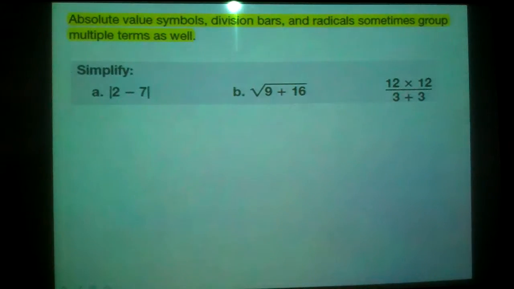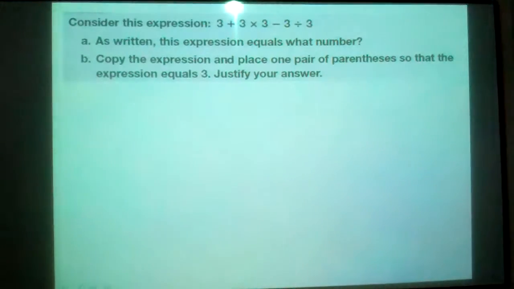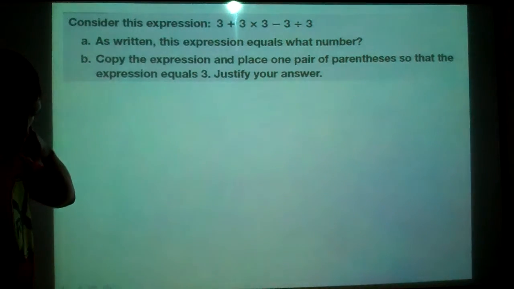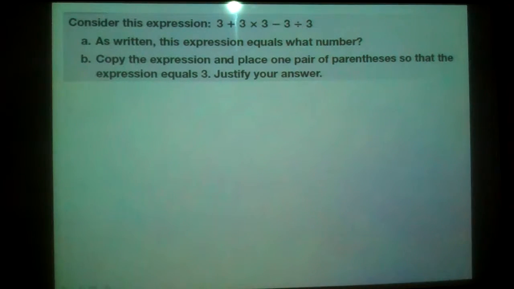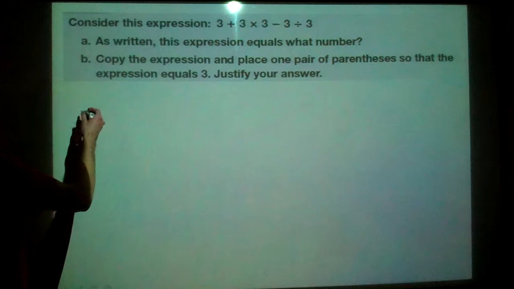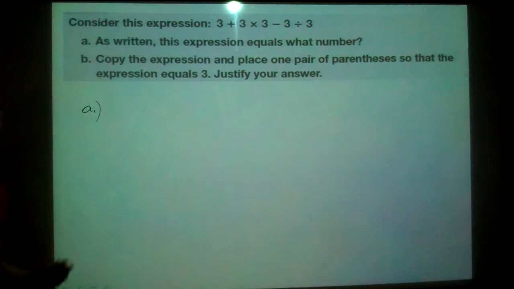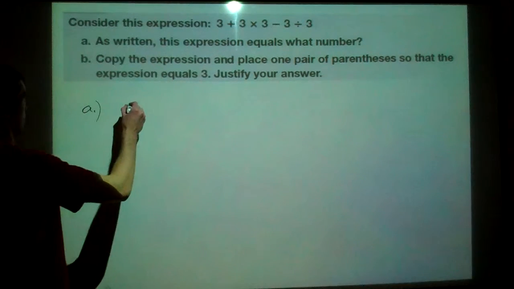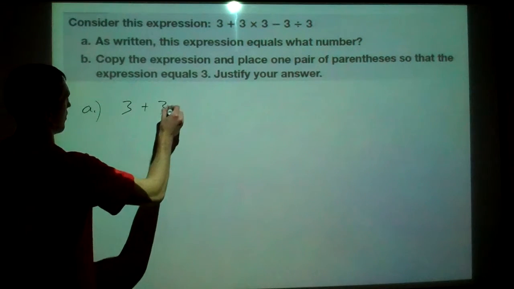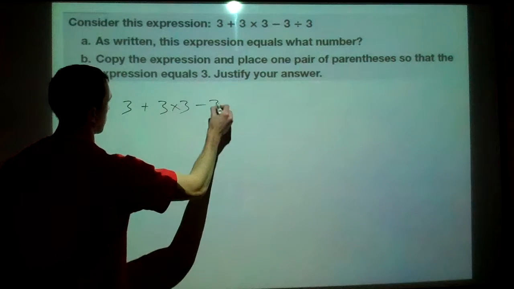And finally, we want to consider this expression here. This is just another example. We are going to look at A. As this expression is written, what would it be equal to? So we have 3 plus 3 times 3 minus 3 divided by 3.